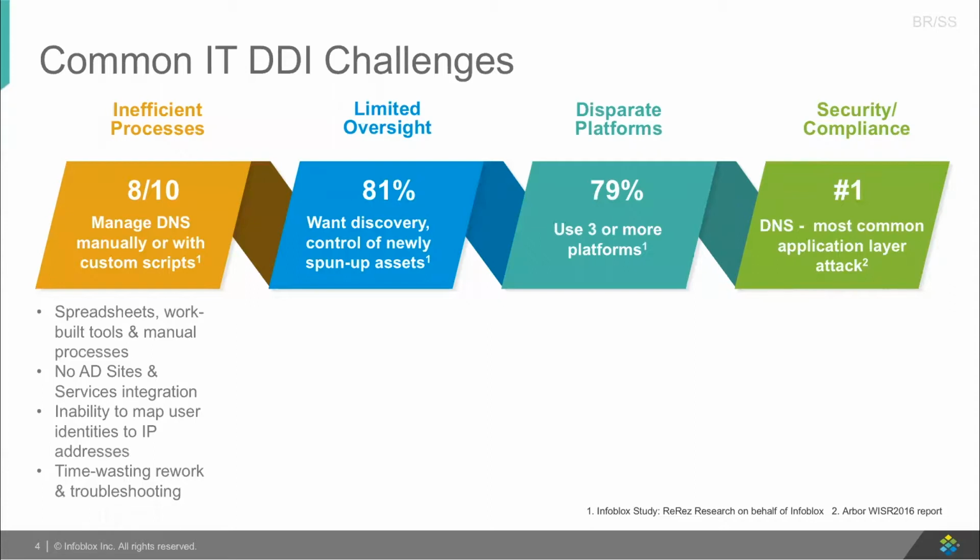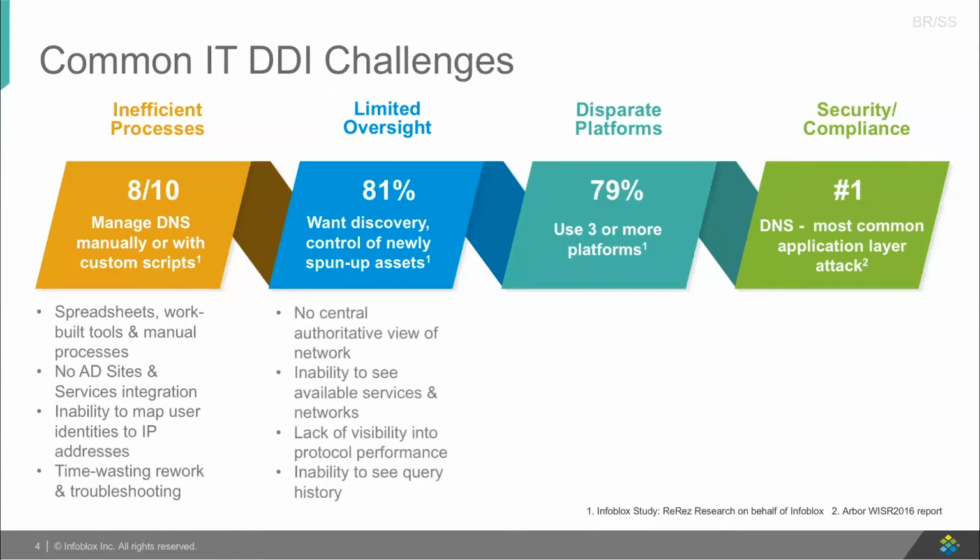Things like lack of integration into sites and services, giving you that visibility, being unable to tie an IP address to a particular user that's on the network, or when they came into the network. And a lot of time is wasted troubleshooting and tracking down IP addresses from a process perspective.